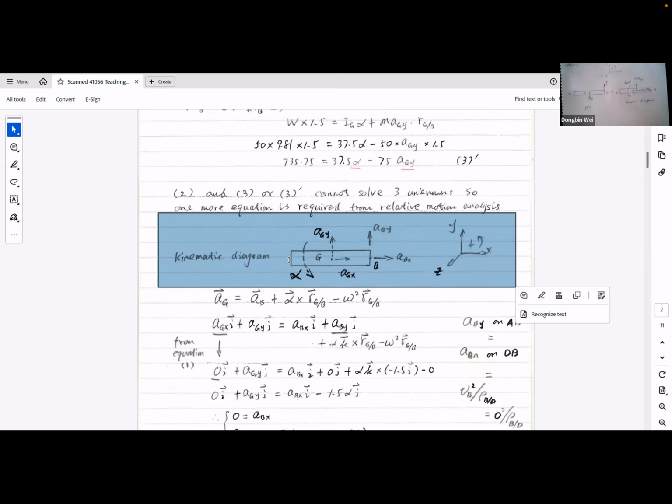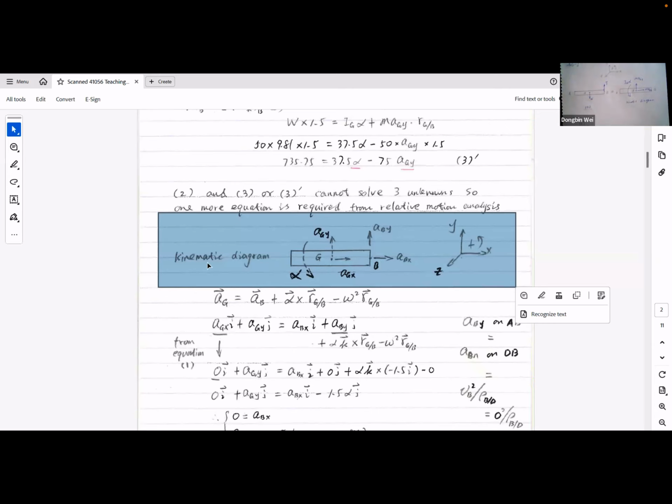And for acceleration analysis, you know, we have to select 2 points for our analysis. And in this problem here, G is the mass center point, and B is the point connecting to the cord AB. So it looks like we only have these 2 points for analysis.